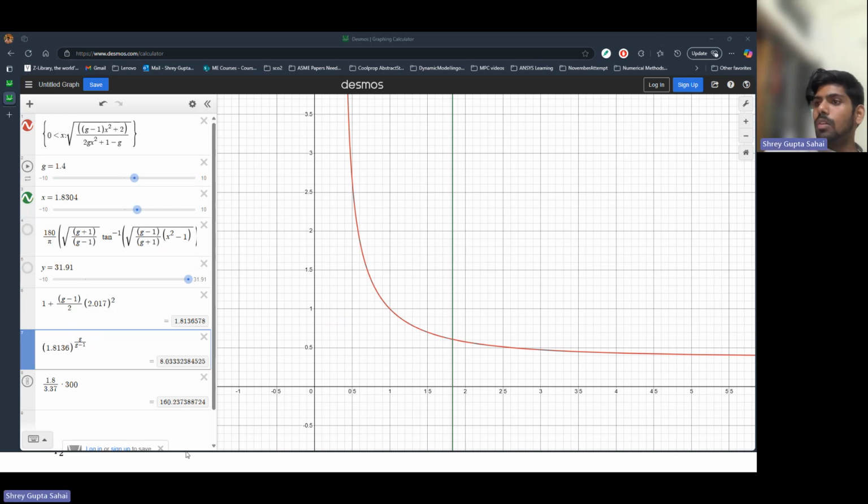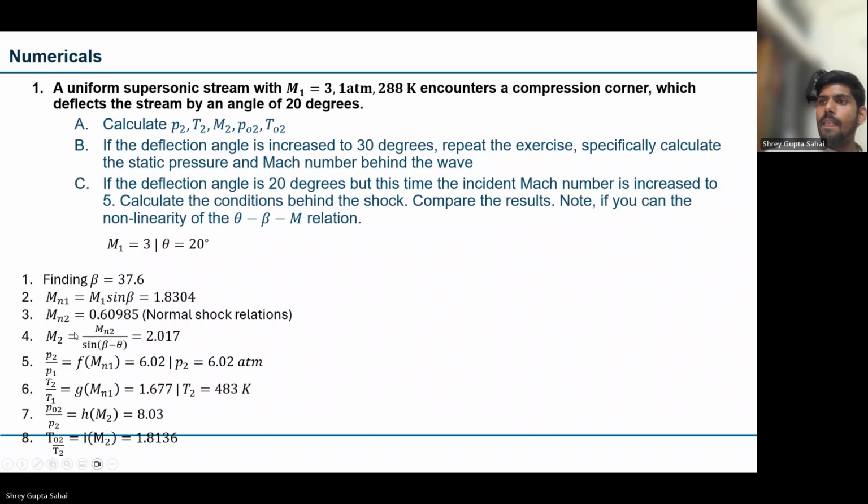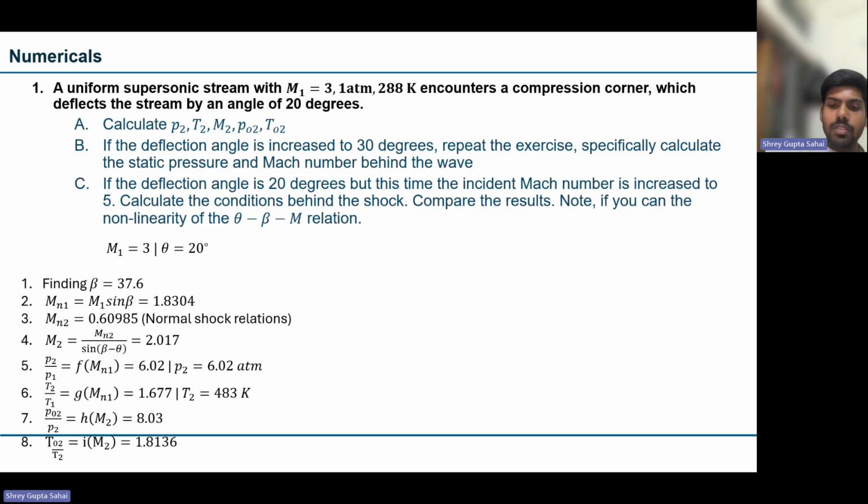Okay, so now come back. If we do that, we will see that P naught 2 is 8.03 into 6, so around 48 atmosphere.